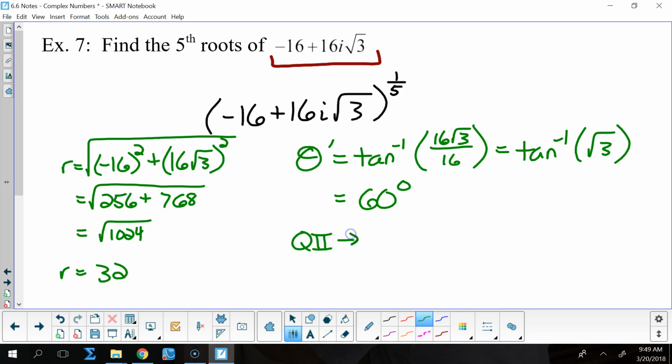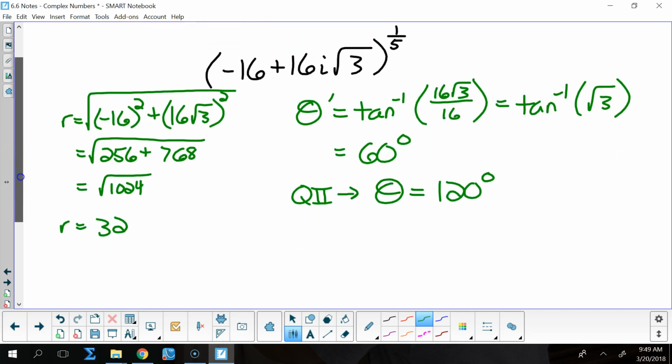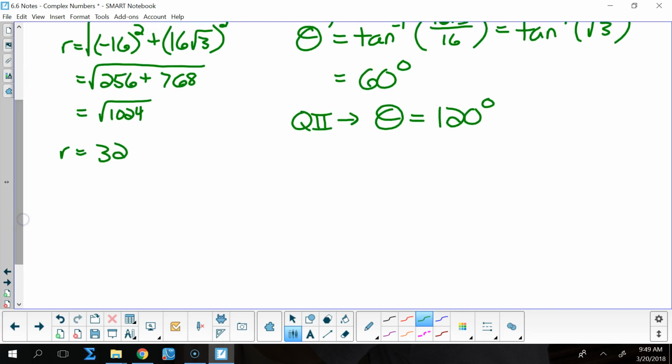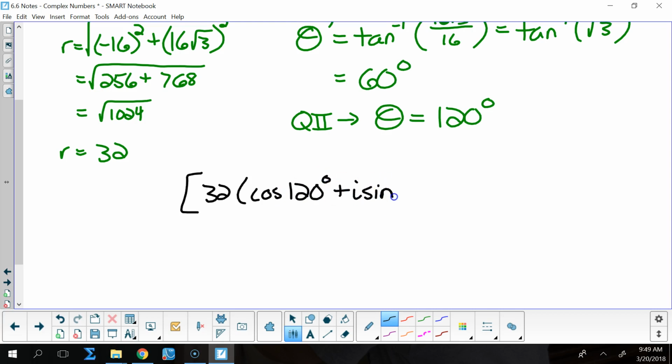Quadrant 2. So my actual theta then is going to be 120. Okay. So we can convert this into 32 times the cosine of 120 degrees plus i times the sine of 120 degrees, to the 1/5 power.